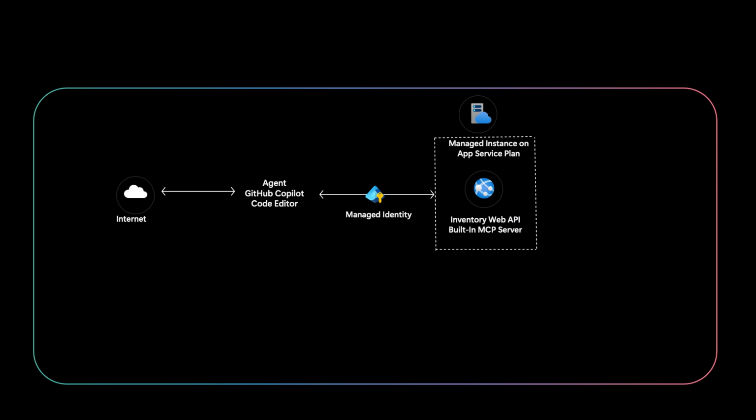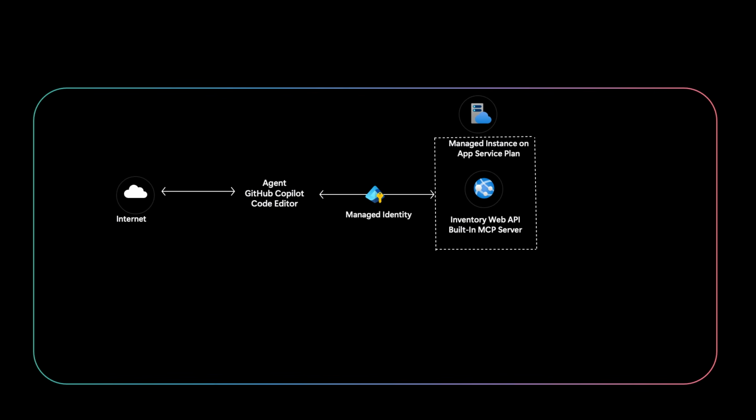So it's already exposed in an API, and then using Azure App Service built-in MCP, we're able to expose that so that you can make use of those MCP tools elsewhere in your development framework. One key thing to stress here, this is a .NET framework application that you've built years ago, but you know that there's capabilities within that web API that you now want to expose to more modern development frameworks.